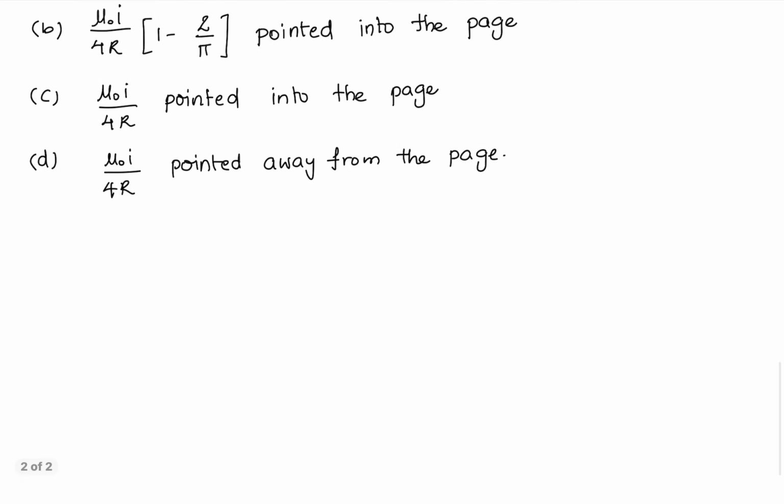So in general, if you take a case like this, if there is a wire of finite length, and at a perpendicular distance we are supposed to calculate the magnetic field, we take the formula with this being theta 2 and this being theta 1, and current I flowing across this wire. The direction of the magnetic field at the point P due to this finite wire is given by the right hand thumb rule, where the thumb directs the current flow, and at the point P you have the magnetic field into the plane of the paper.